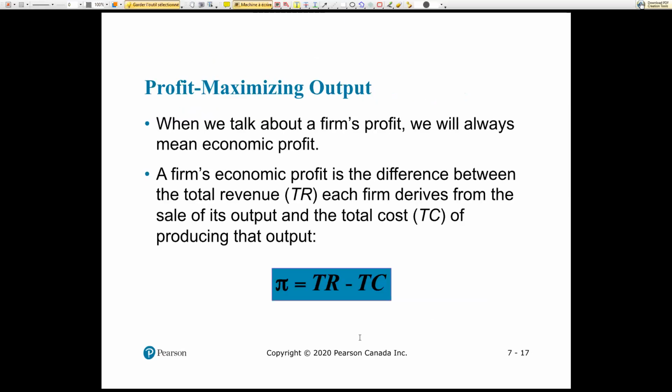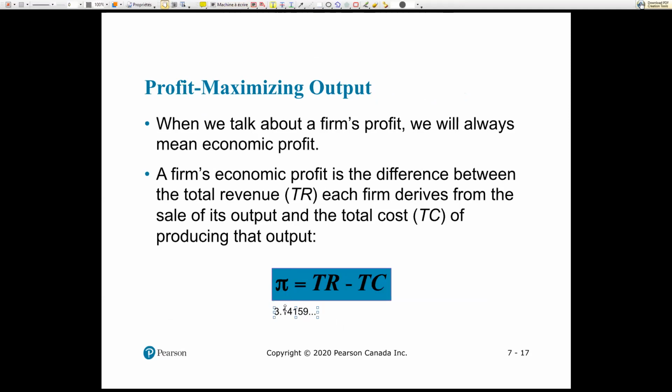All right. Now, how do we write the profit? We usually use a Greek letter pi. It's the same pi that is 3.14159. So we use this in economics to designate the profits.